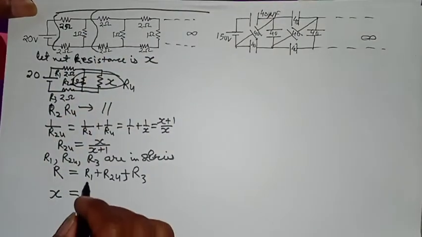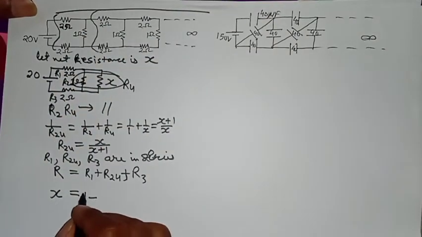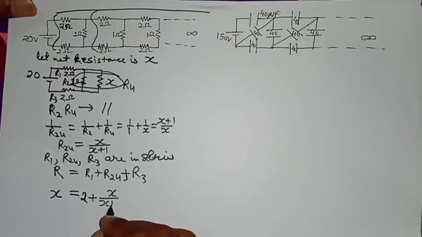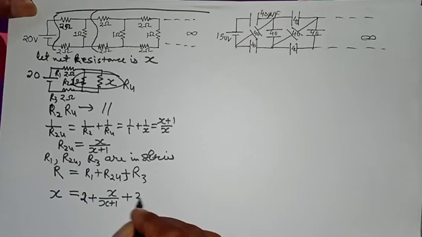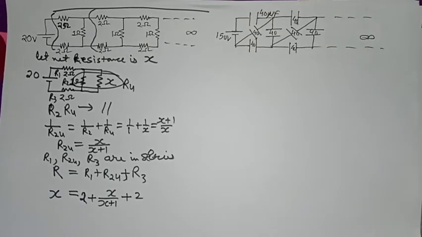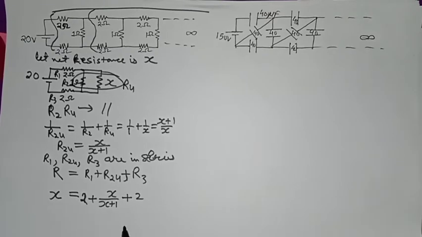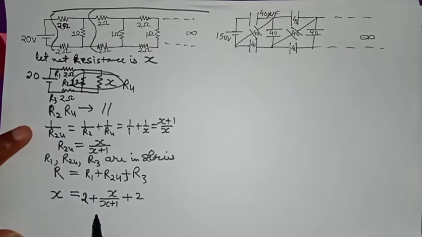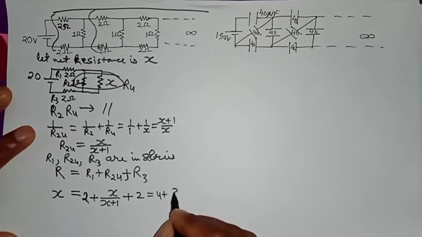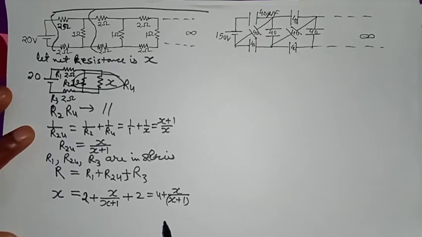So X is equal to 2 plus X by X plus 1 plus 2, that is 4. Okay, what else can we do? Multiplying the entire equation by X plus 1.